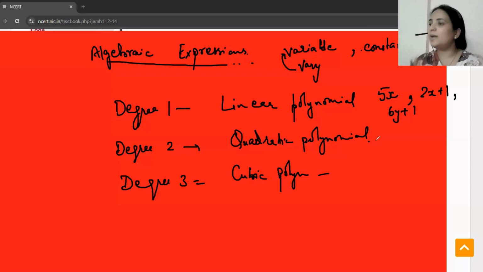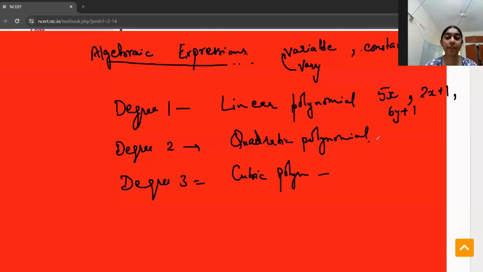So tell me an example. Ma'am, the example can be 6x raised to the power 2 plus 1, or 6y raised to the power 2 plus 7x raised to the power 2.